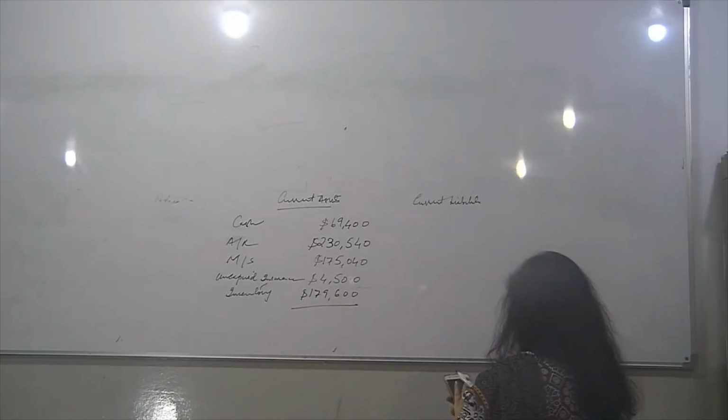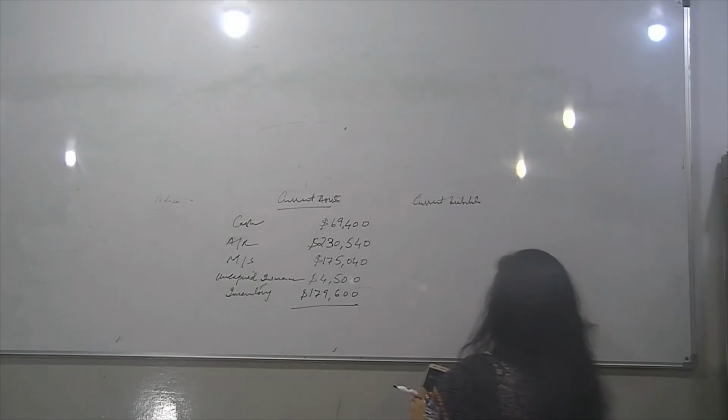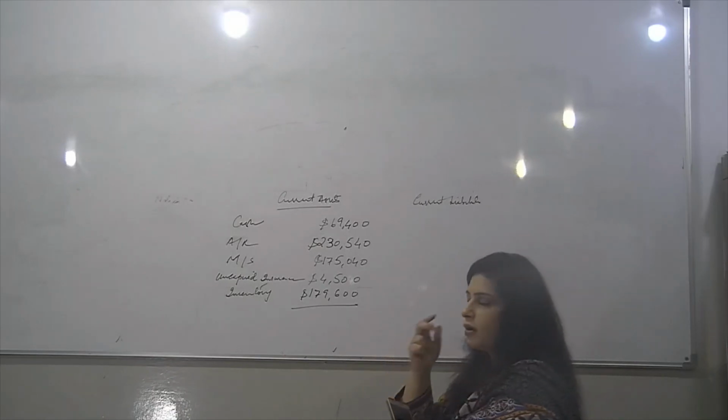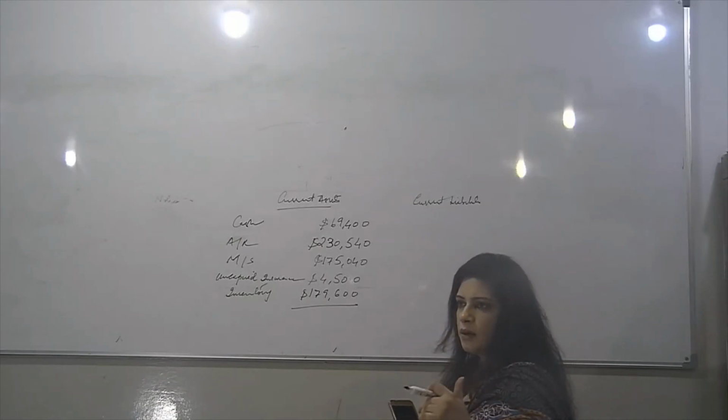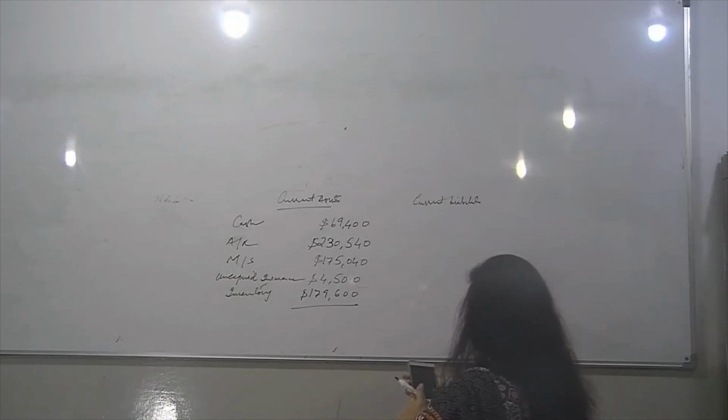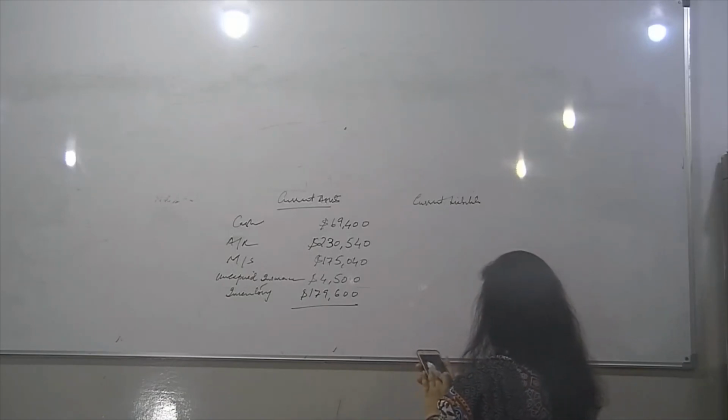So you have 69,400 plus 230,540, 175,040. Also sometimes we have current portion of long-term debt. So if they give us some kind of a mortgage for 15 years maybe, then we can have that as a current payable for us. So that will be a current liability. Always remember this thing. And we have 4,500.